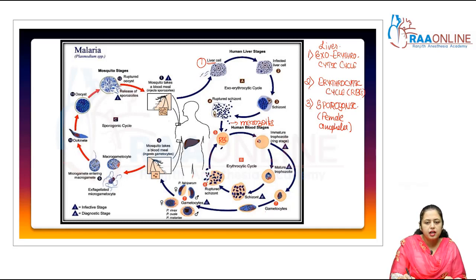Merozoites and hemozoin granules are released with the rupturing of the RBC, and when the RBC gets ruptured, the patient feels chills, and after that fever comes. Clear? Again, these hemozoins and merozoites infect the RBCs, and this cycle continues in that form.